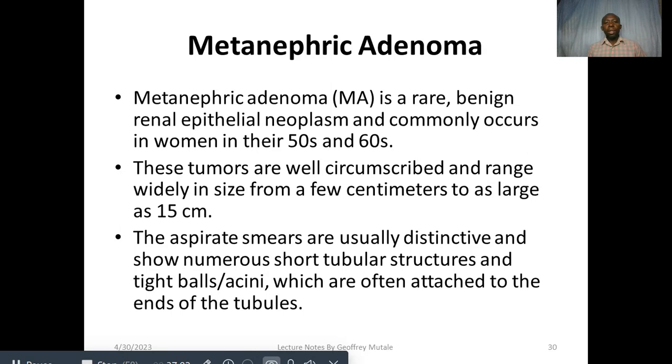These tumors are well circumscribed and range widely in size from a few centimeters to as large as 15 centimeters. The aspirate smears are usually distinctive and show numerous short tubular structures and tight ball or acinar-like structures which are often attached to ends of the tubes.